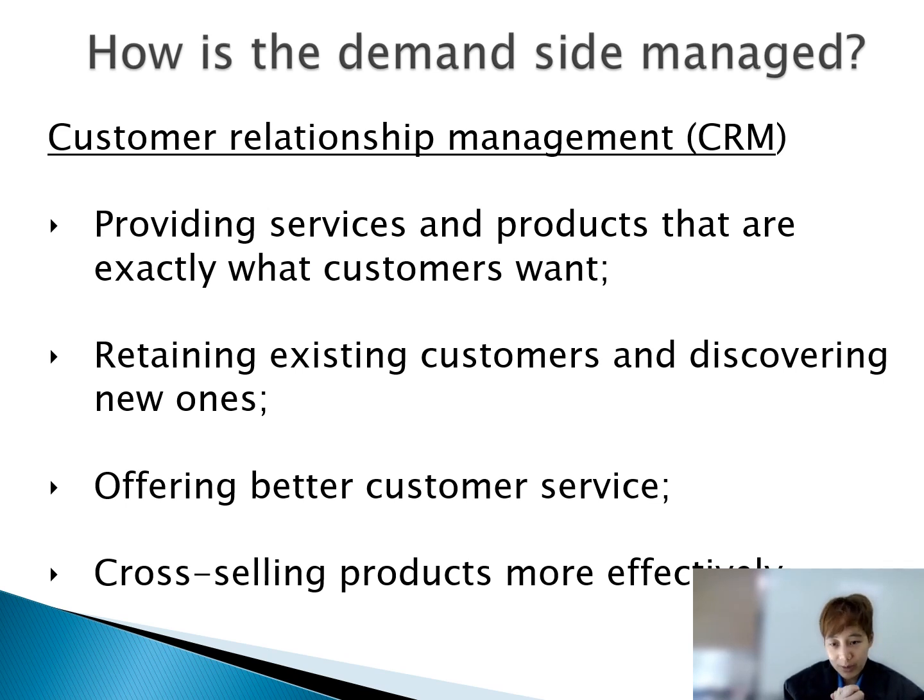So what you have to do, you have to offer better customer service, and you can also do cross selling of products more efficiently. Okay, when they come to buy only bakery, what can you cross sell to them? You may offer food, not just bakery.